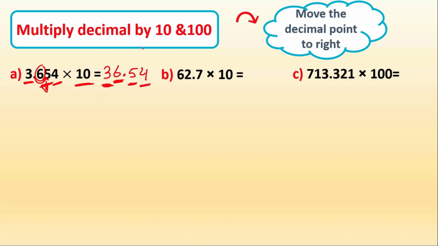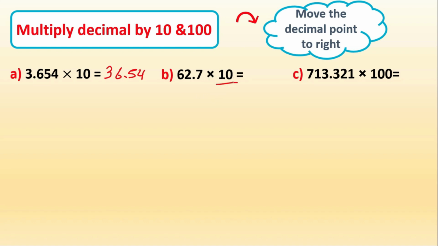Okay, you have to know that by multiplying by 10 you move the decimal point one step to the right. That's it. Okay, you must know that multiplying by 10 moves the decimal point one step to the right. Okay, so 36.54.